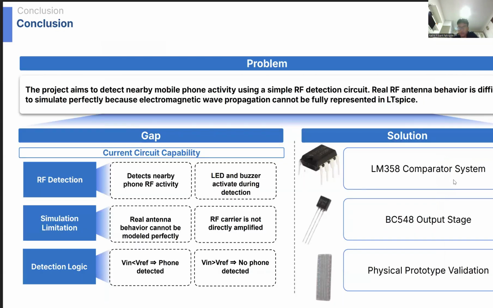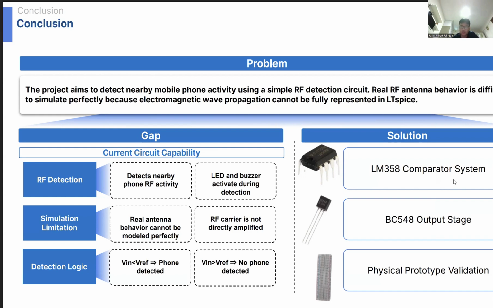So this is actually the short conclusion of our project. The project aims to detect nearby mobile phone activity using a simple RF detection circuit. Technically it can also detect 4G signals, but it works perfectly for 2G and 3G.